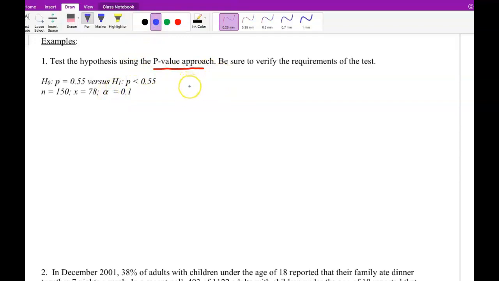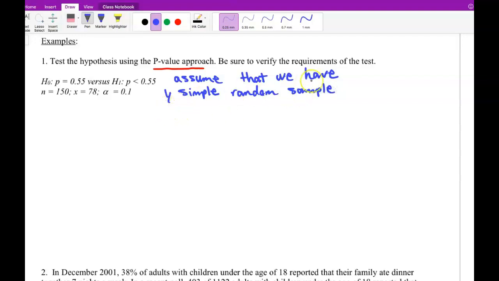So first, verify those 3 steps. First, I should have a simple random sample. I assume that we have a random sample, and also these are independent.